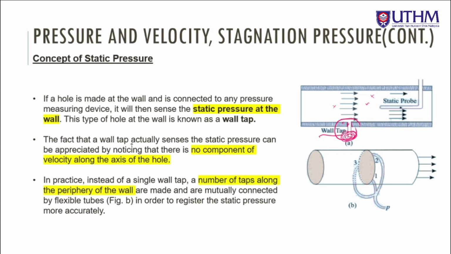The fact that a wall tap actually senses the static pressure can be appreciated by noticing that there is no velocity component along the axis of the hole. So here it means that particle is not actually moving. That is why the pressure here can be considered as static pressure. We need to create a wall tap, a hole, to get the value of static pressure.